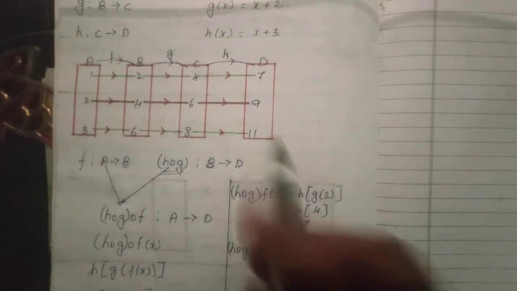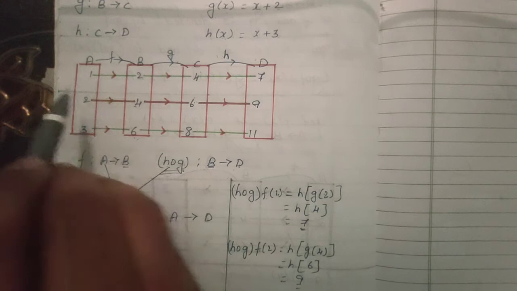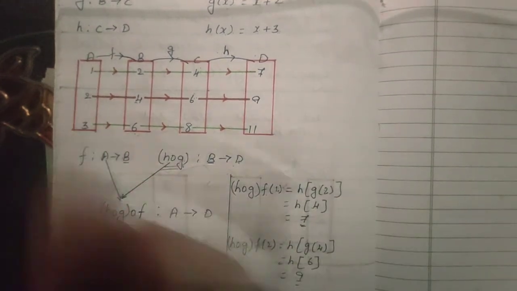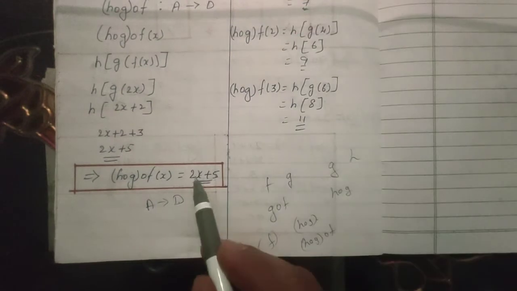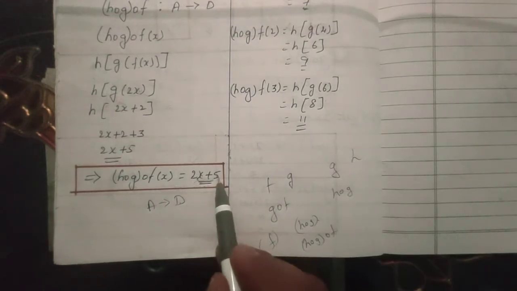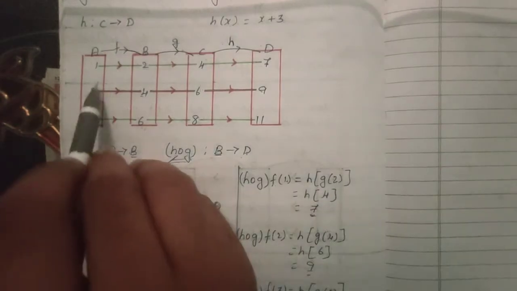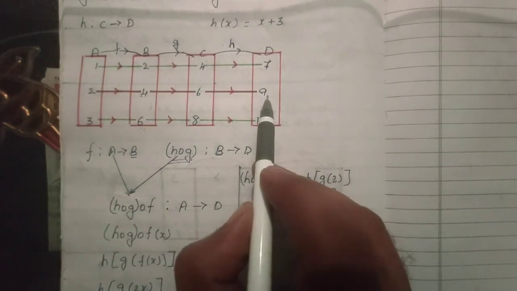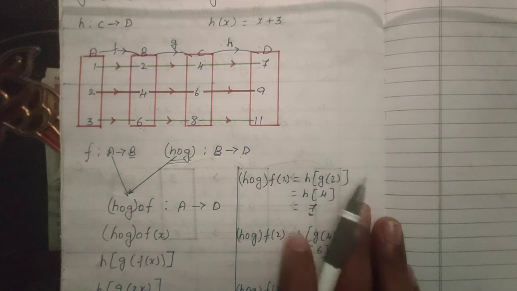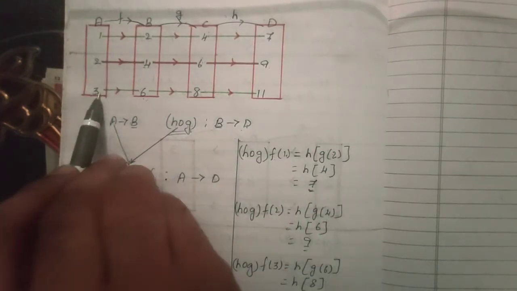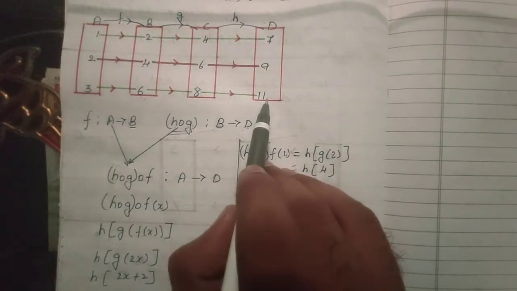So the ultimate answer is 7. When input is 1, output is 7. Now let me take 2. 2 2s are 4, 4 plus 5, 9. Input is 2, ultimate output is 9. Now let me take 3. 3 2s are 6, 6 plus 5, 11. So input is 3, output is 11.